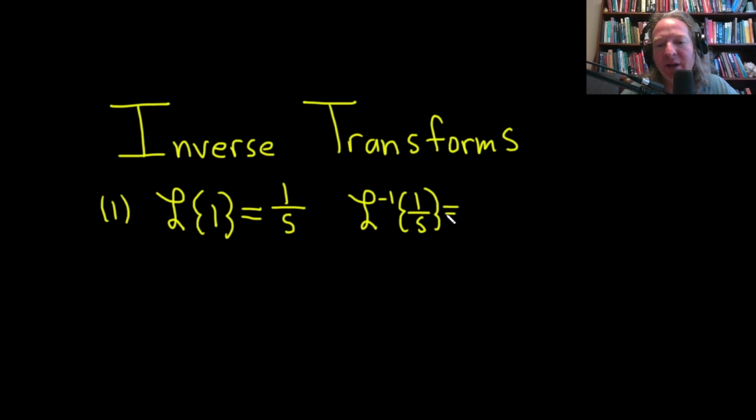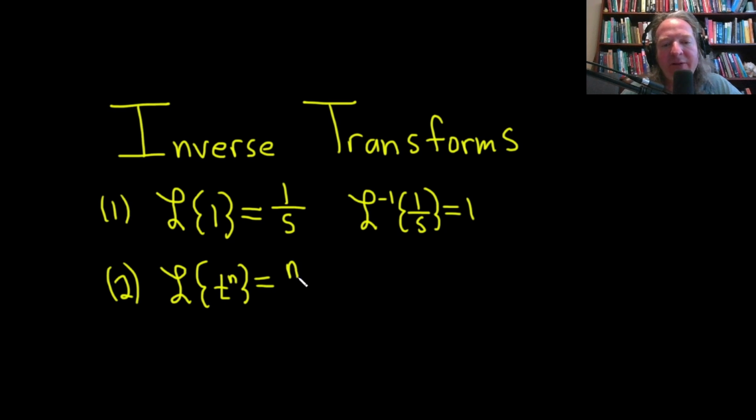So really nice, really simple. That's our first really important formula. The next one says if you have the Laplace transform of t to the n, this is going to be n factorial, and it's always 1 higher on the bottom. So it's s to the n plus 1.